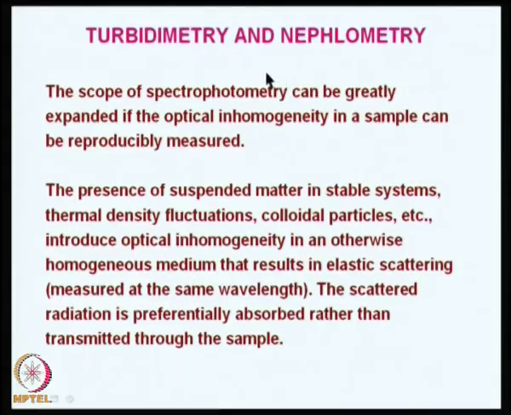Now, let us turn to another aspect of spectrophotometry, that is known as turbidimetry and nephelometry. So, this is basically where the substance forms a precipitate and it does not dissolve. Now, you would see that every substance has a certain amount of solubility in a given solution.